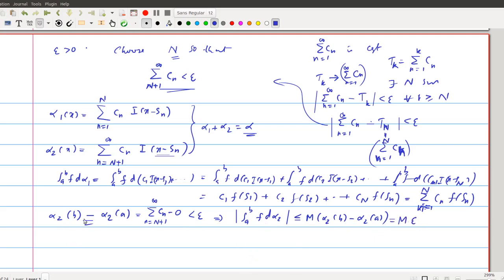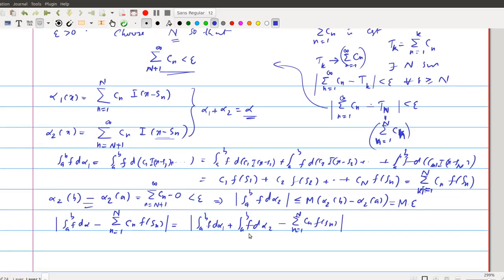Okay, now we can prove the convergence. You consider the integral a to b f d alpha minus the summation n equal to 1 to capital N cn f of Sn. This can be written as the integral a to b f d alpha 1 plus the integral a to b f d alpha 2 minus the summation n equal to 1 to capital N cn f of Sn.